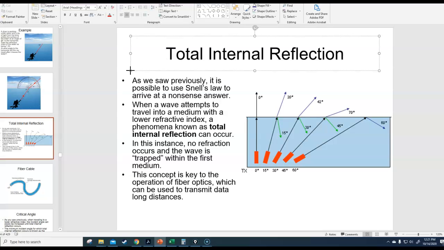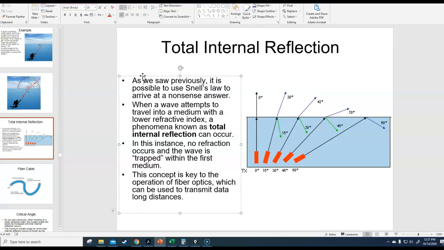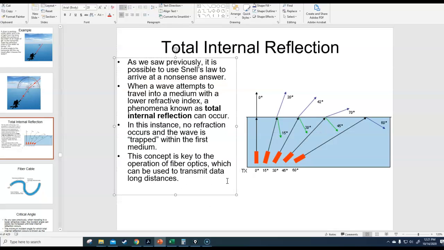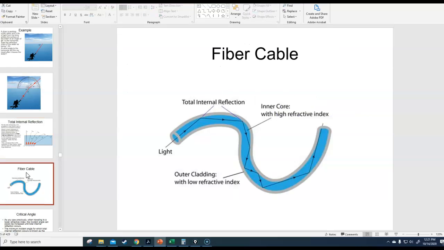There's lots of interesting applications of total internal reflection, and we'll watch some application videos in a minute. One of the key applications has to do with fiber optics, fiber cables. If you ever have Frontier, Fios, or I guess Google also has fiber optic internet services that they provide, basically the way that works is they send signals using light rather than electrical signals.